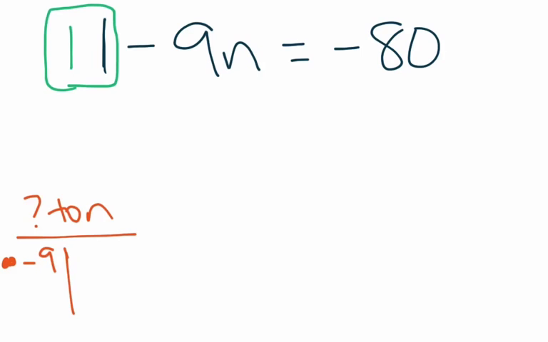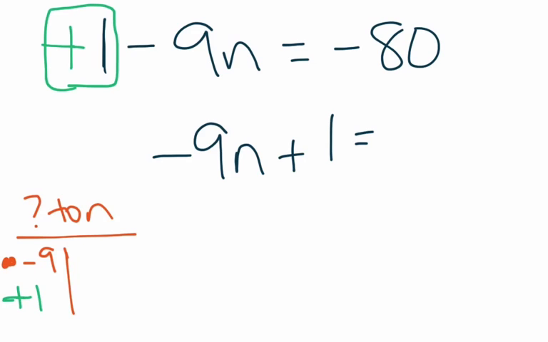So this is plus 1. So 1 is being added. If it were being subtracted, it would have a negative in front of it, but it doesn't. I could have rewritten this problem as negative 9n plus 1 equals negative 80, and that would have been fine too. Either way, I'm going to do the same work.